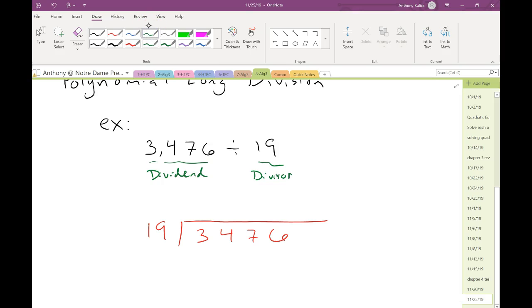Okay. All right, so then we ask ourselves, how many times does 19 go into 3? Well, 0. Okay, so then we ask, how many times does 19 go into 34? 1 time, right? So then I do 1 times 19, write it under the 34, and we subtract down.